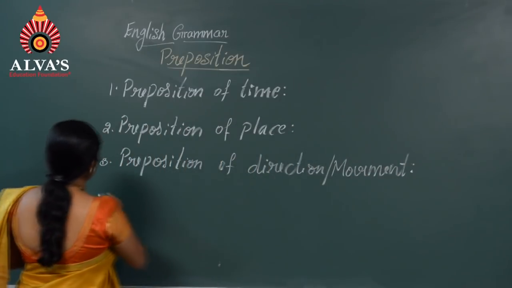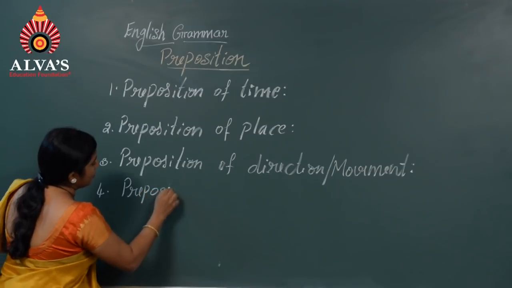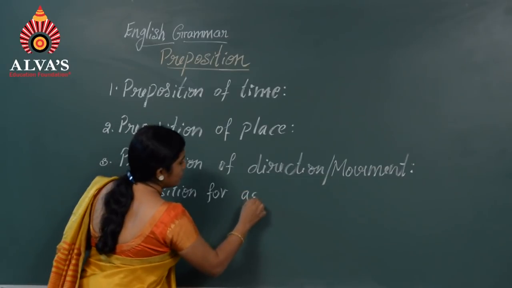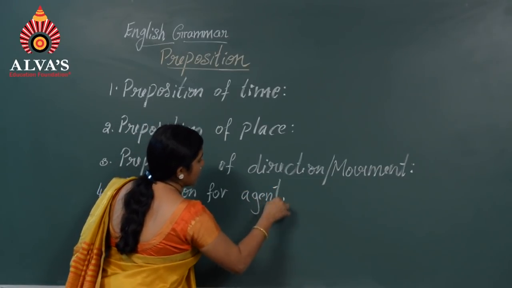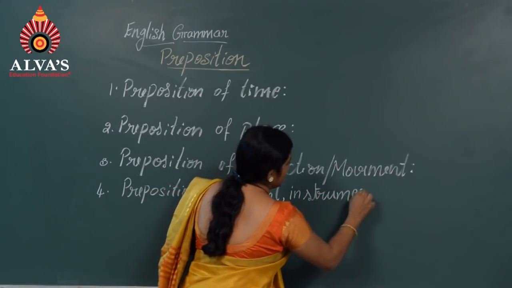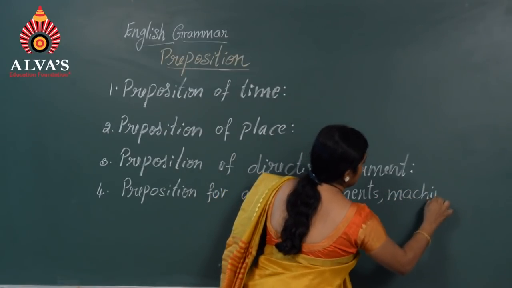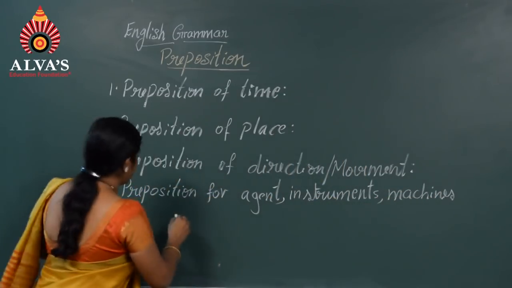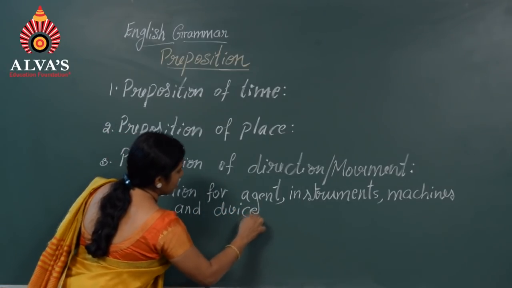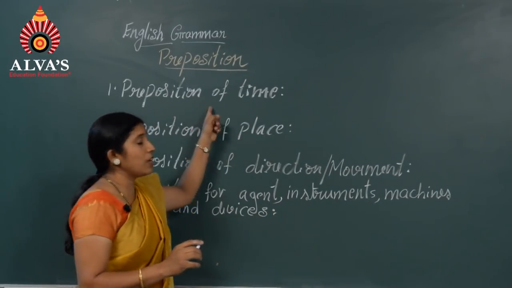Number 4, preposition for agent or instruments, machines and devices. What are the prepositions used for preposition of time?